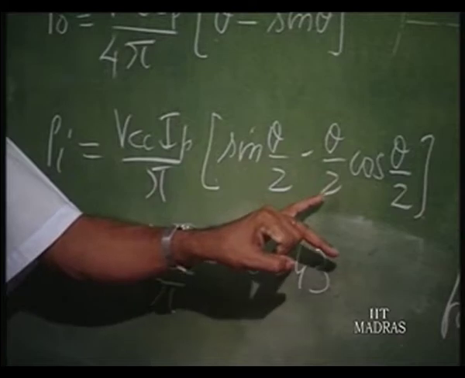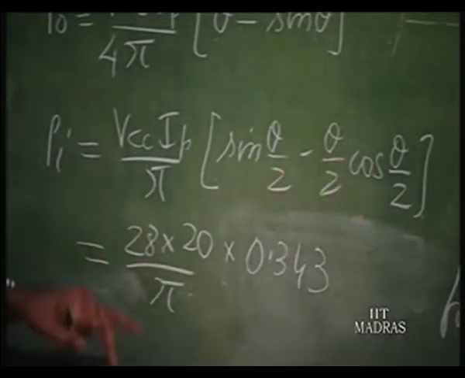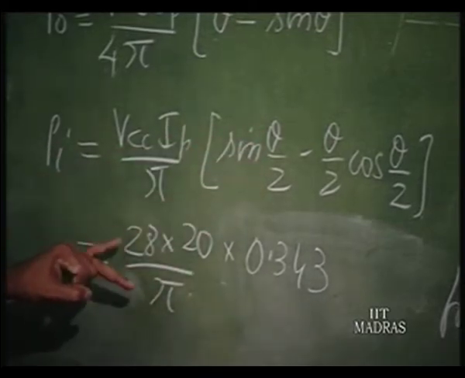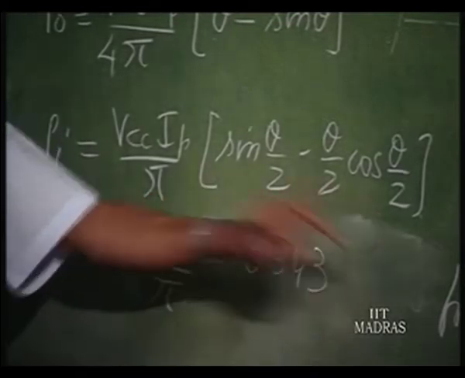So, 2 pi by 6 into cos theta by 2, which is half. Okay. So, pi by 6 you get there, the evaluation of which will give you 28 into 20 by pi into 0.343, this factor. Okay.